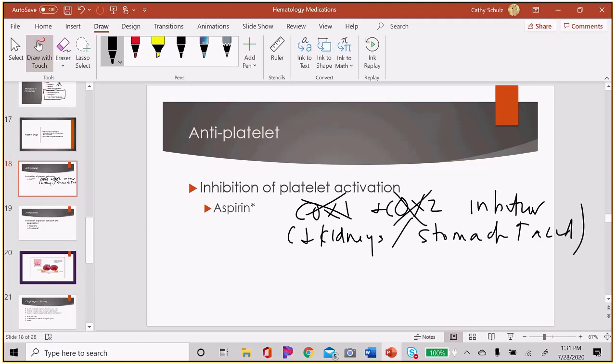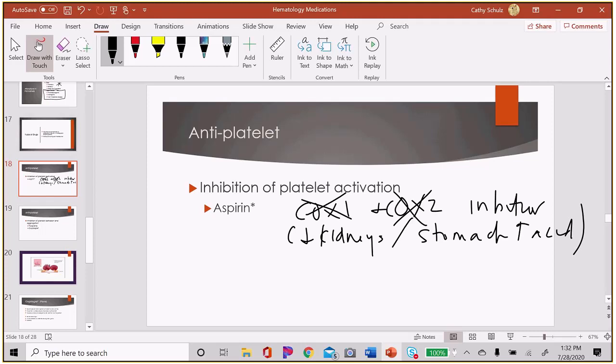So we have to worry about gastritis, peptic ulcer disease, and we have to worry about a decrease in kidney function. Some of those things were a little bit more risky when the patient was taking aspirin at larger doses more frequently because of pain or fever.